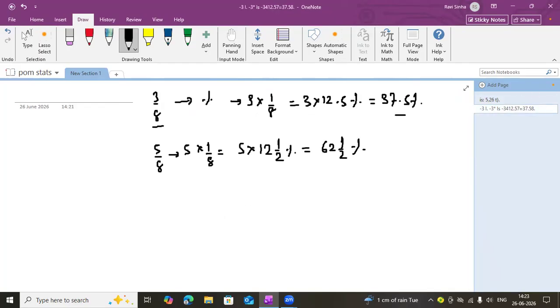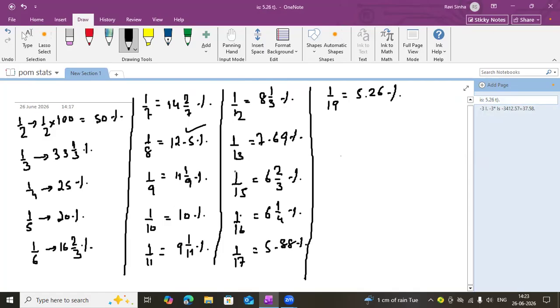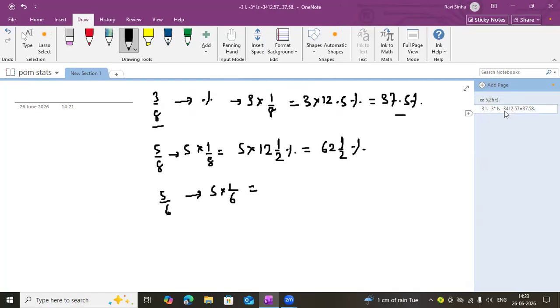So let us see some more problems. For example, we need to convert 5 by 6 into percentage. This can be written as 5 into 1 by 6. Now 1 by 6 converted into percentage is 16 2 by 3%. So 5 into 16 2 by 3% is 83 1 by 3%.